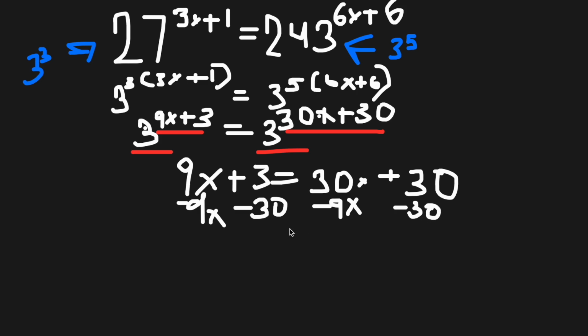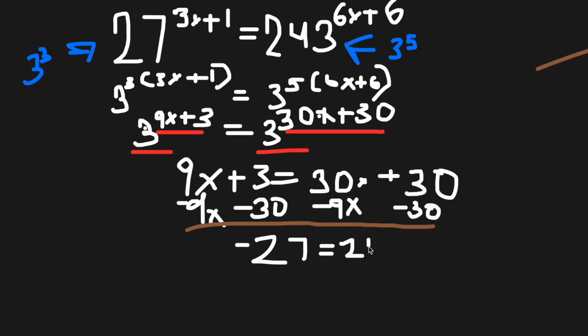That should come to about negative 27 is equivalent to 21x.